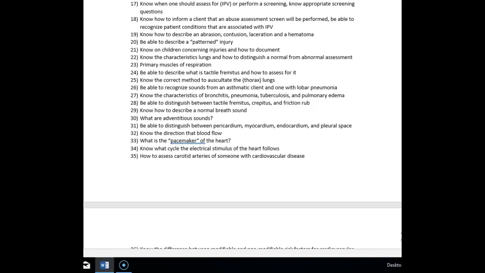Primary muscles of respiration: the major muscle is the diaphragm. Then you have the intercostal muscles, which lift the sternum and elevate the ribs during inspiration and increase the AP diameter during that period of time.